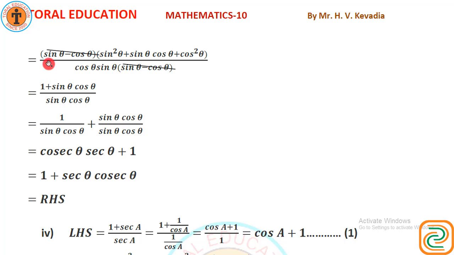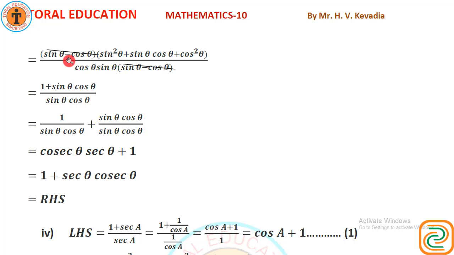Now here sin theta minus cos theta second bracket, a square means sin square plus a into b means sin theta into cos theta plus b square means cos square theta. This is the formula. Formulas are to be remembered.